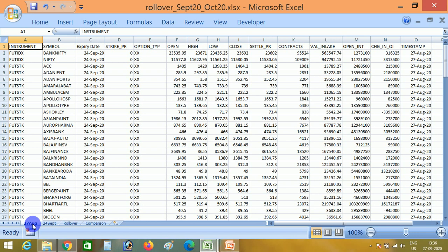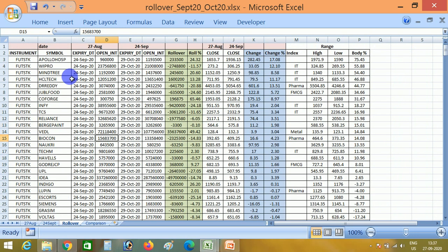On 27th August, the futures contract for 27th August expired. So we have taken the data for the date of 27th August for next month's trading, that is 24th September. I mean to say that on the date of 27th August, at what value of open interest would I start trading for the 24th September expiry, that is our first data.